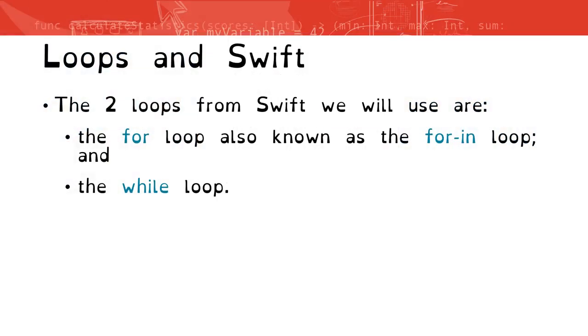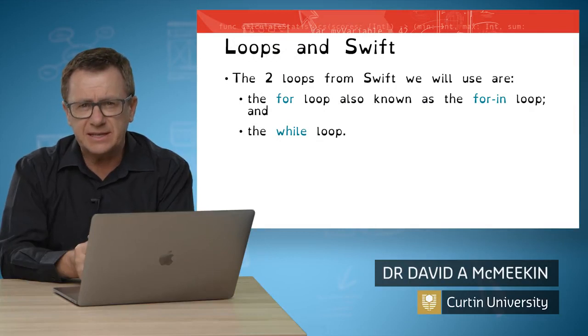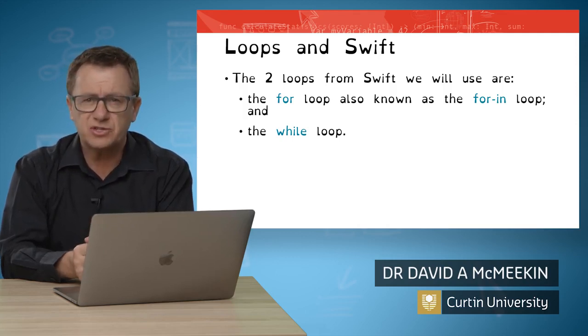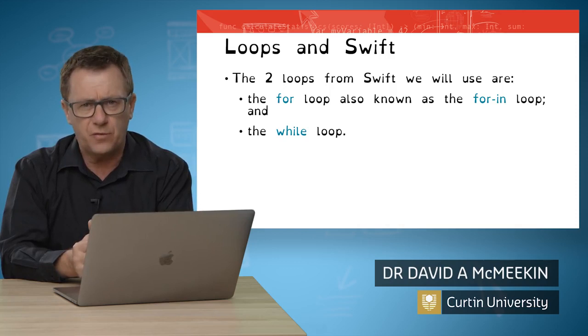The two loops we're going to look at in Swift are the for loop and the while loop. Now, specifically in Swift, we tend to use the for loop in a statement which is for-in. I just wanted to draw your attention to that in case you go searching or you're reading elsewhere and you're going, I only find the for loop.